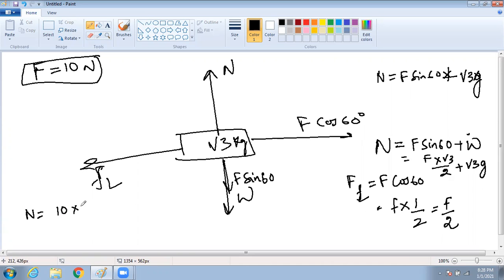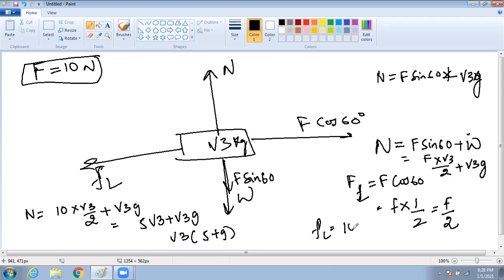The normal force becomes 10 into root 3 by 2 plus root 3G. So this will be 5 root 3 plus root 3G. If you take root 3 common, it will be root 3 into 5 plus G. Clear? And your FL will be 10 into 1 by 2, 5 Newton. Clear?